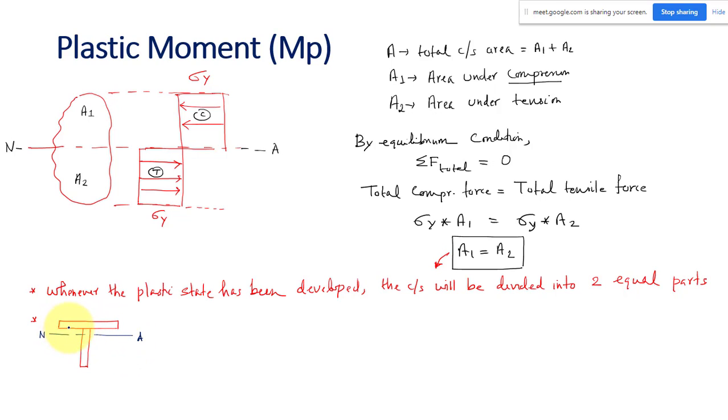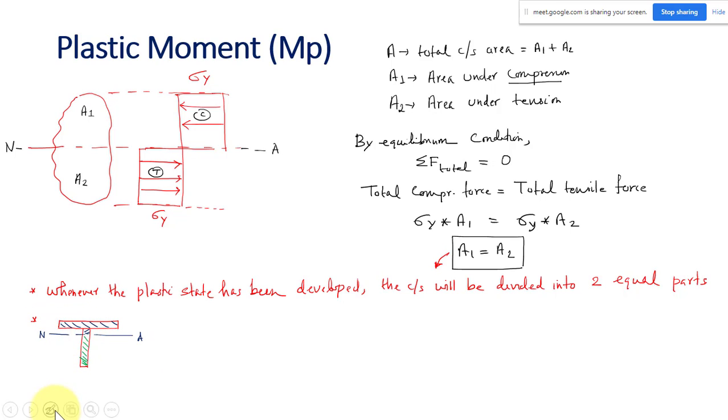But there is no condition like this area is under compression, and this area is under tension. So this area and this area of your T beam will be different. There is nothing saying they should be equal.